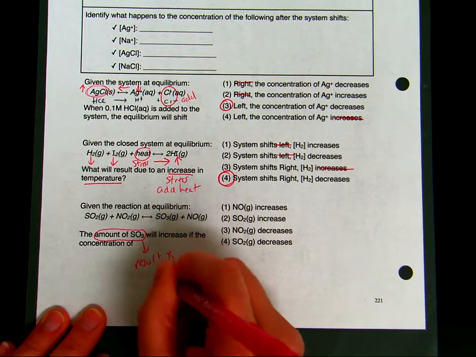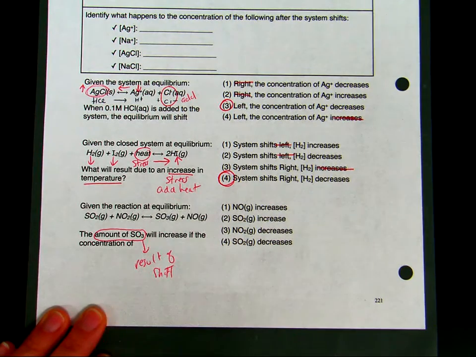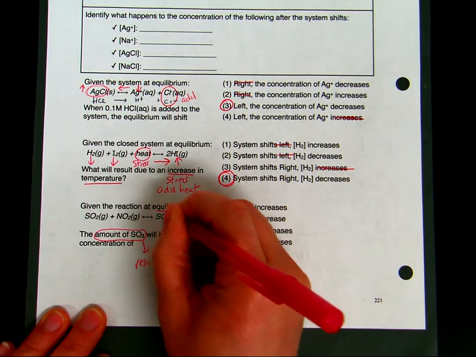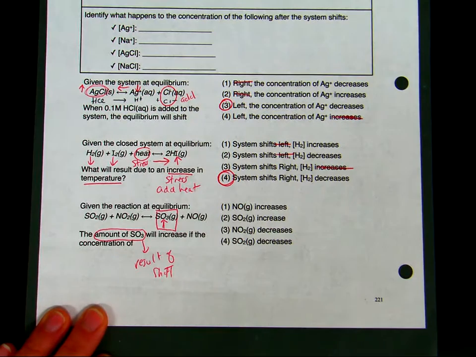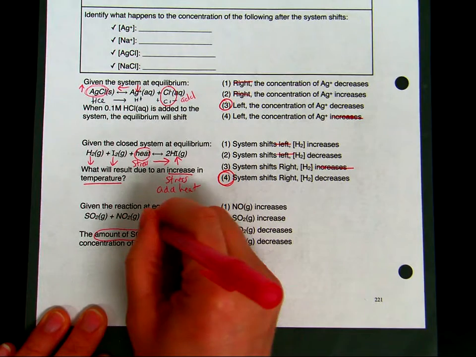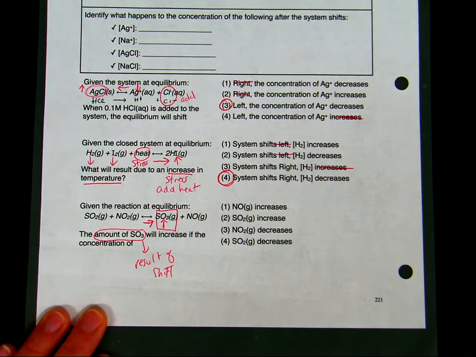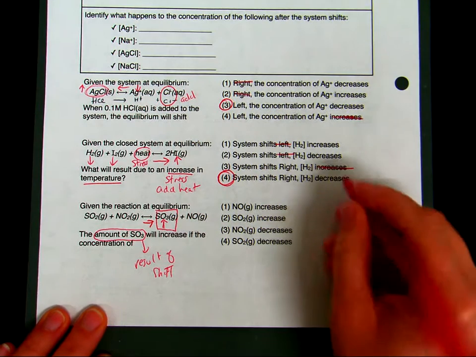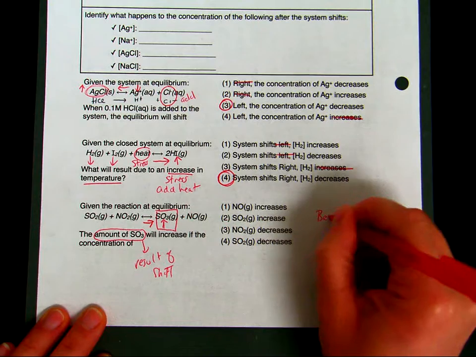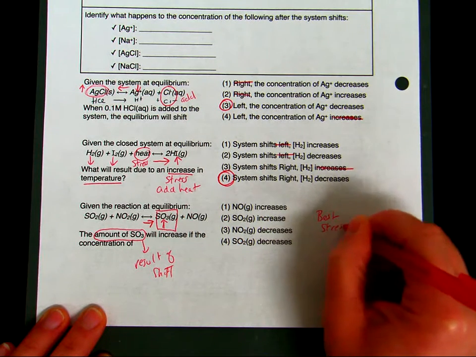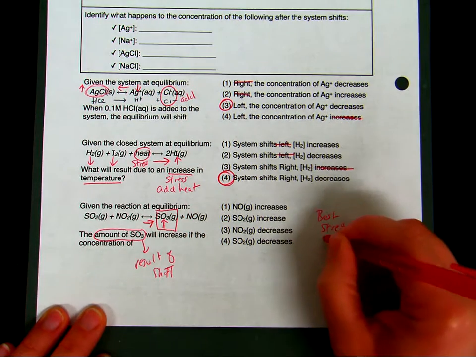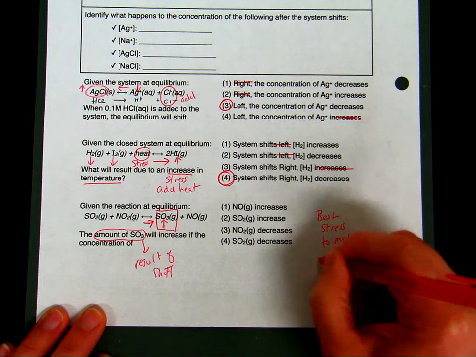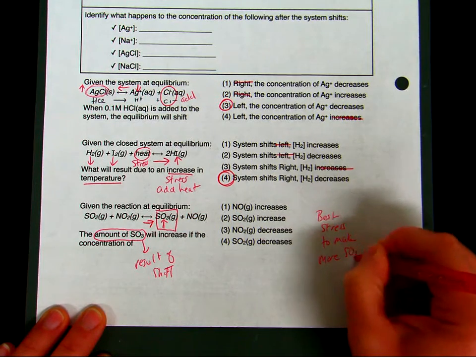Because of the shifting, we want to see this increase. So that means we want to shift to the right. So in this question, we have to pick out the best stress that will force the system to make more SO3.